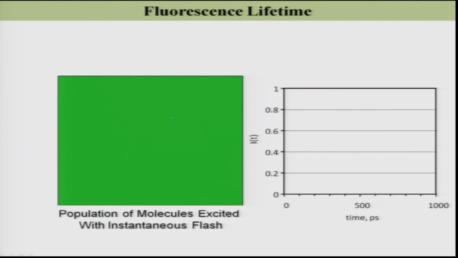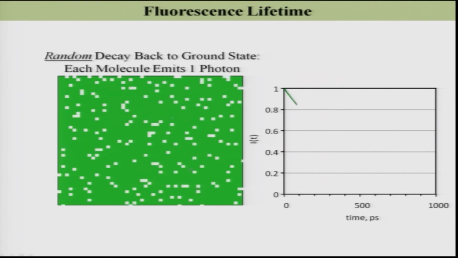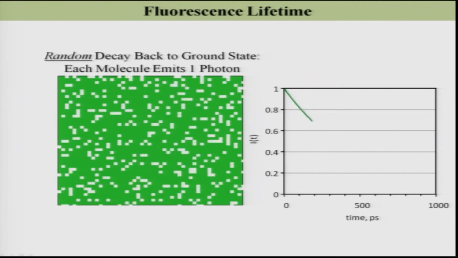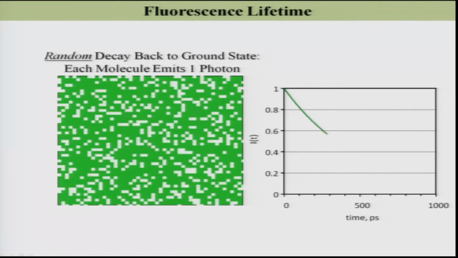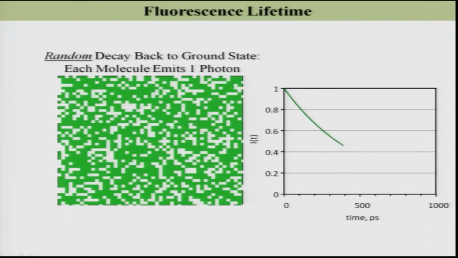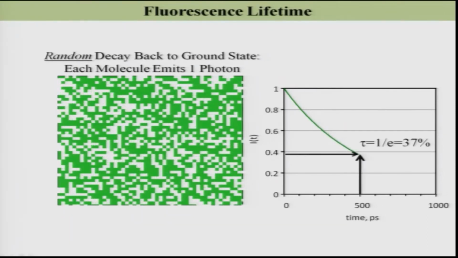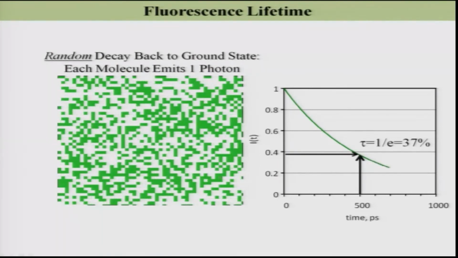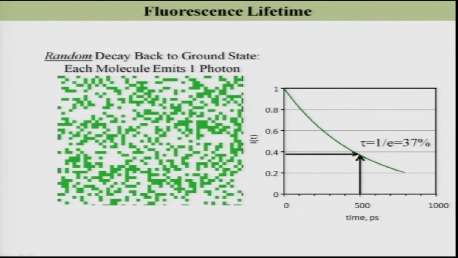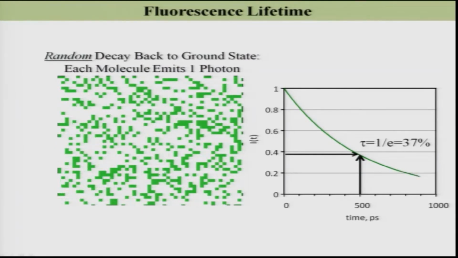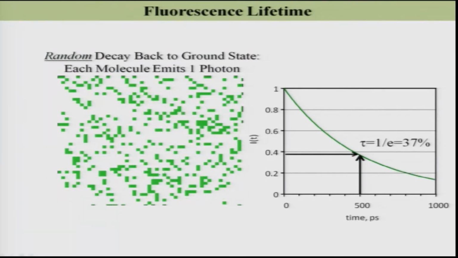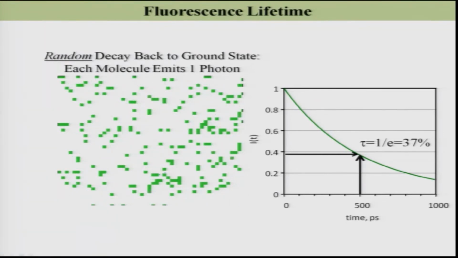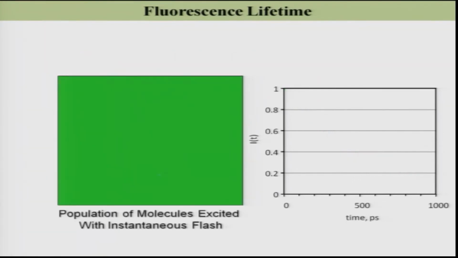As I have tried to show you by this animation, this molecule was in the excited state, now it is in the ground state. Green means excited state, white means ground state. It is a random process, so let me run it again.